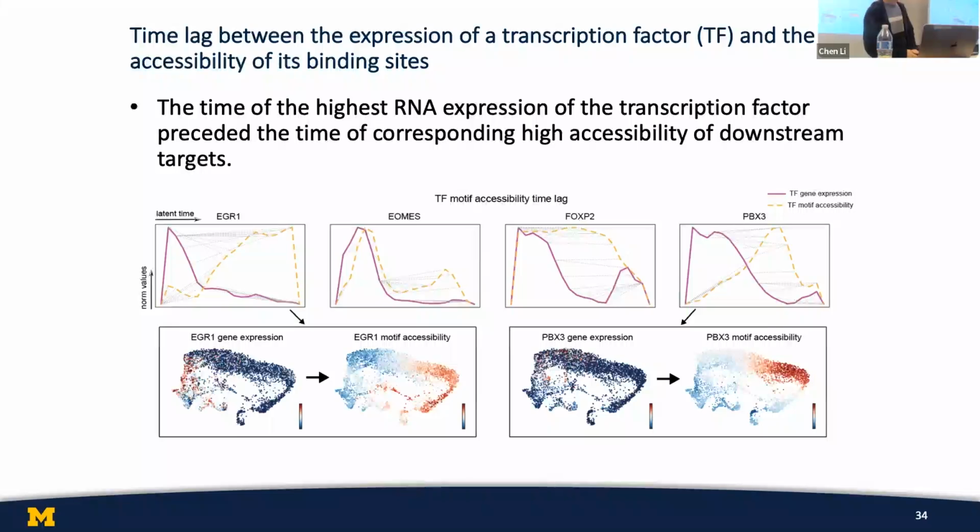You see that the accessibility is always later than the maximum gene expression. And we can also confirm it using the UMAP expressions. The highest gene expression appears very early, but the motif accessibility is really quite late.